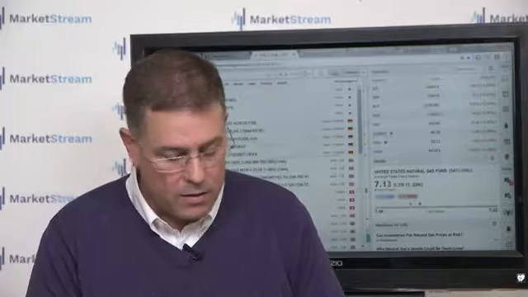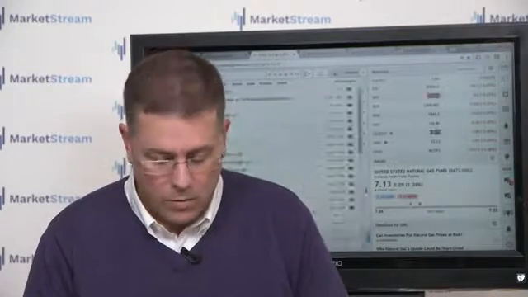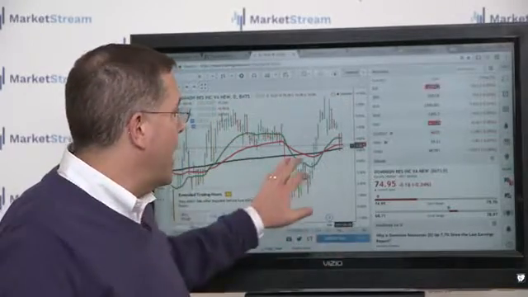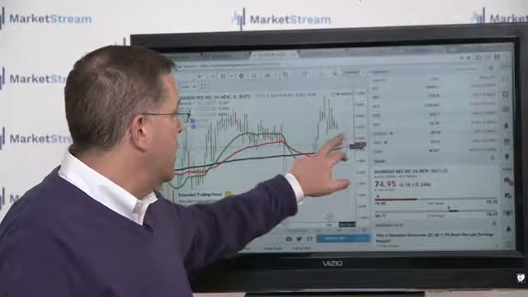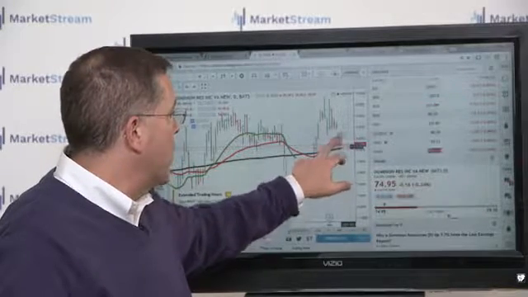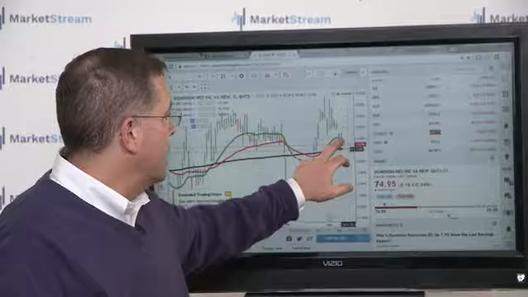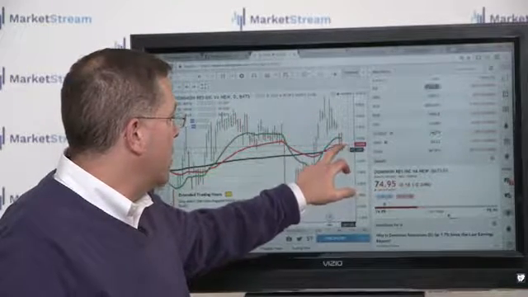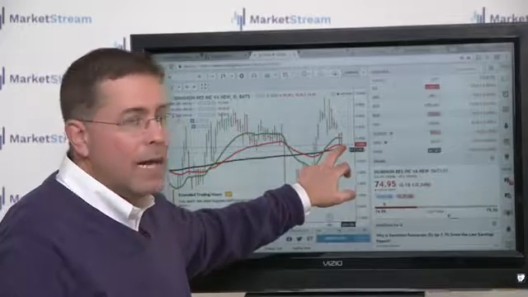So I'm going to take a look at a stock called Dominion. It's ticker symbol D. They're a utility and nat gas supplier, and when I looked at this stock, I actually saw that it broke through its 20-day and now is right at its 50-day moving average.